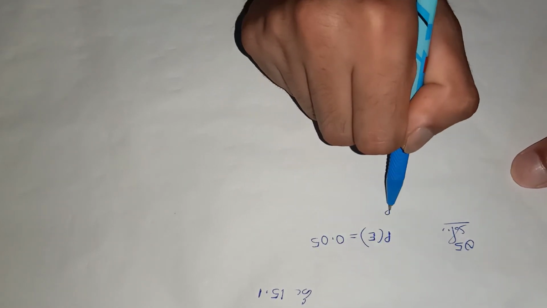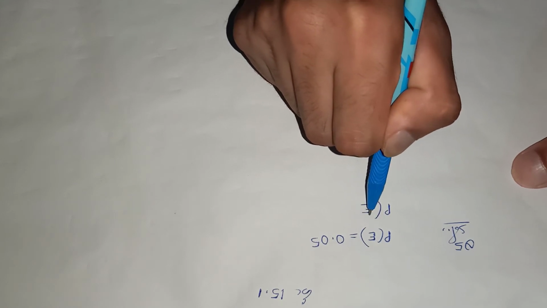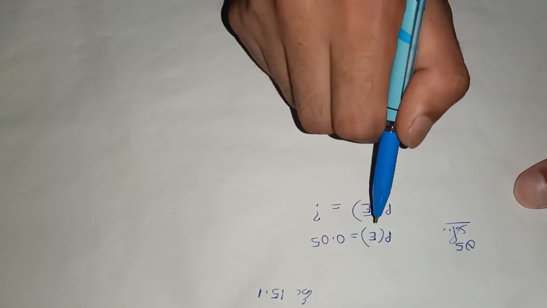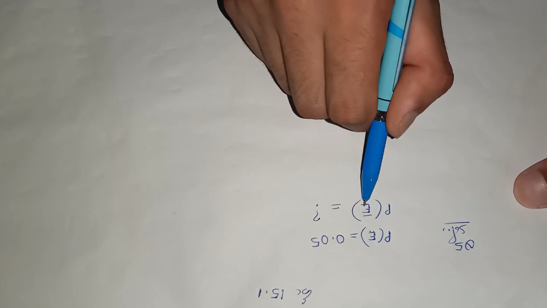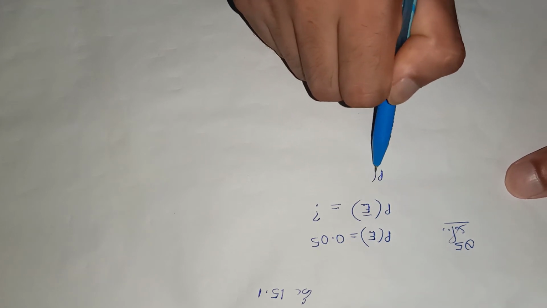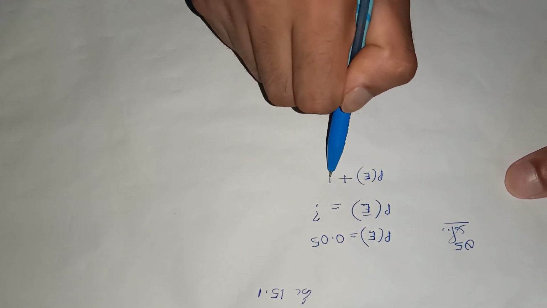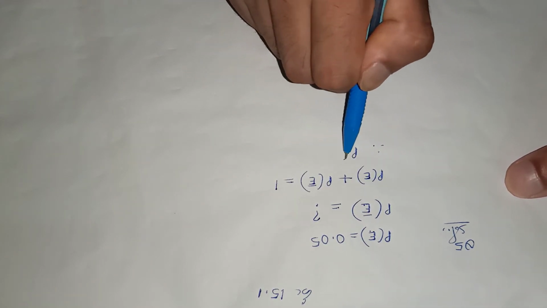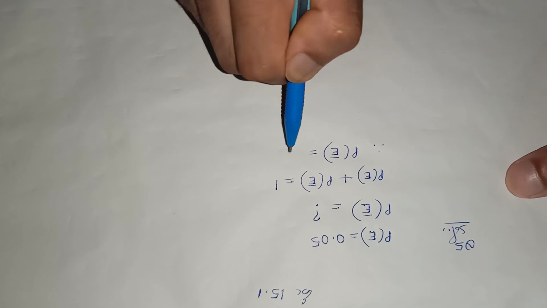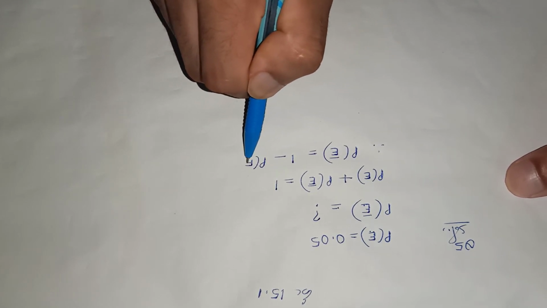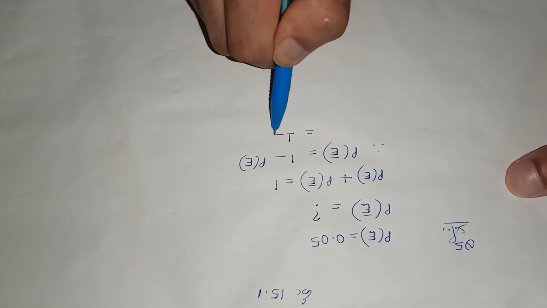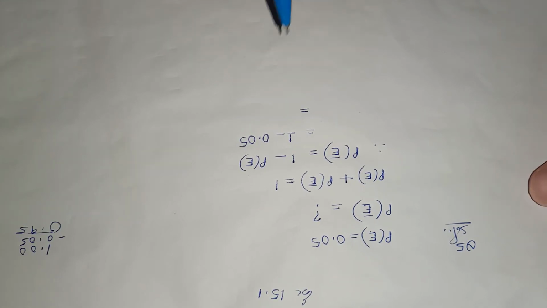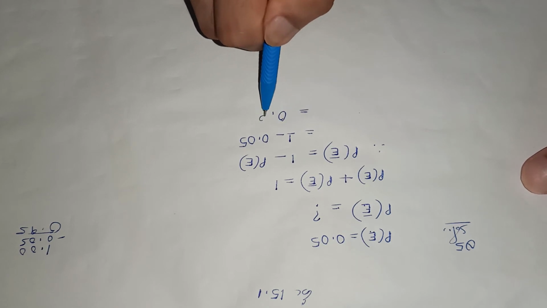We are asked to find out probability of not E, or we write E complement. Now we know that the probability of an event plus probability of not an event is always 1. Therefore, the probability of not an event will be 1 minus probability of event E. So that's 1 minus 0.05, which is equal to 0.95.